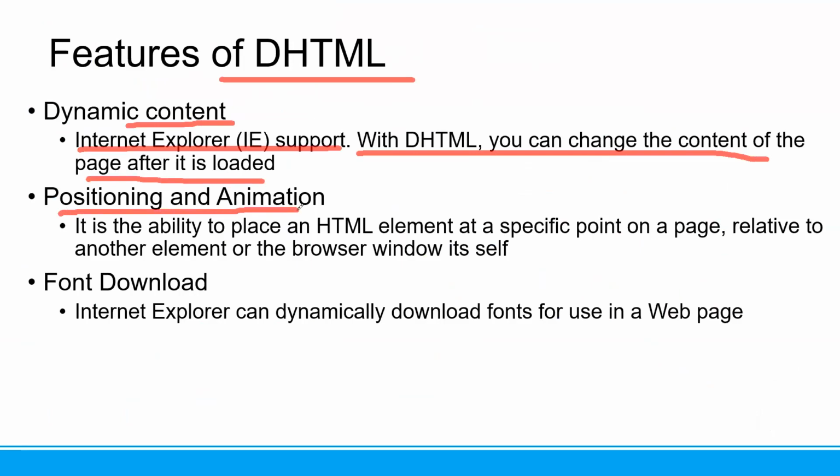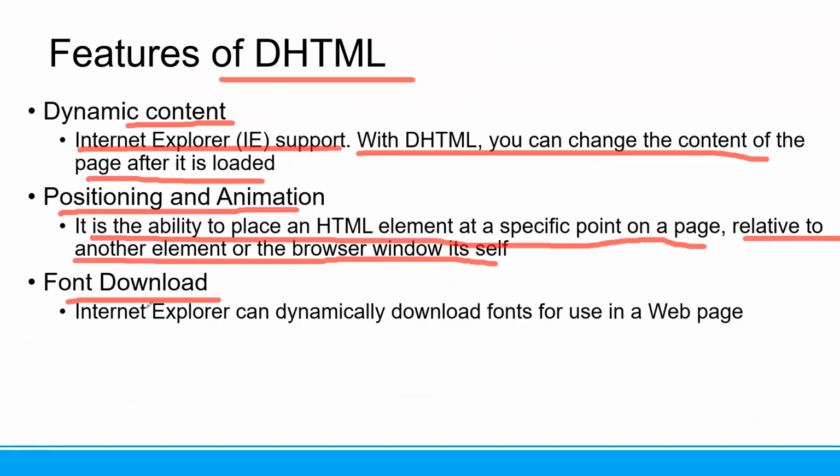It is the ability to place an HTML element at a specific point on the page relative to another element or the browser window itself. And for font download, actually, in some other browsers, they can dynamically download fonts for use in the web page. So nowadays, many browsers can dynamically download the fonts as necessary.